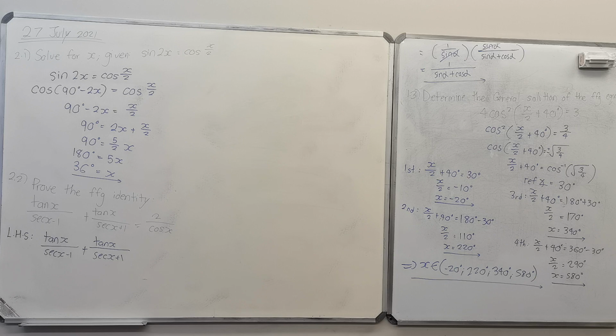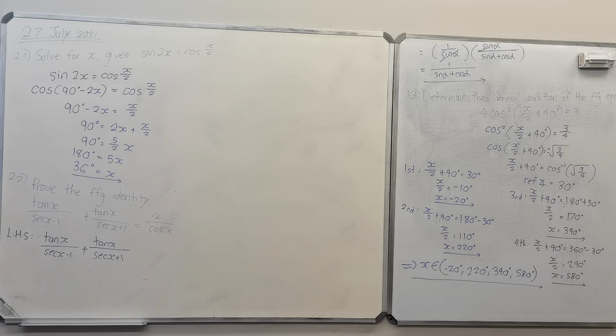Try and change everything to sine and cos. So tan will be sine over cos. And sec will be 1 over cos. So 1 over cos minus 1 and 1 over cos plus 1. And then you're going to go with that further. What's going to happen? You're going to handbrake, right? Okay, you're going to get stuck.